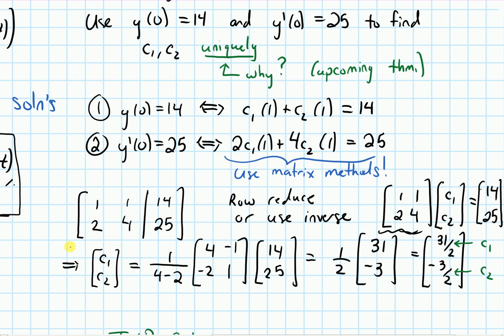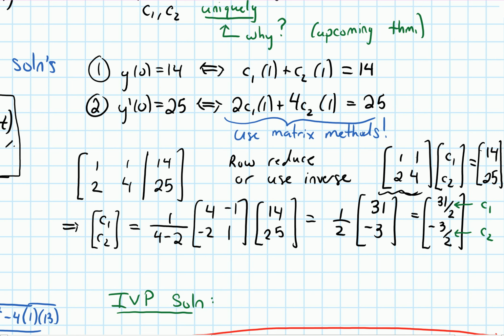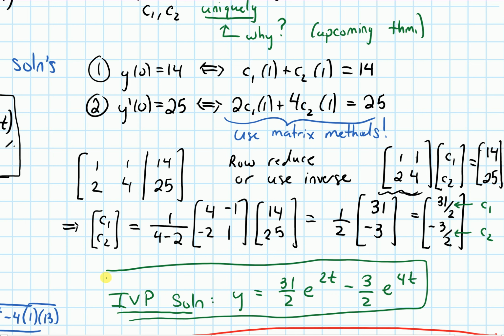So we are ready to write down a solution to our initial value problem. We plug in what c1 and c2 are. So we get y equals 31 halves, which was c1, multiplying e to the 2t, and then c2 is -3 halves, multiplying e to the 4t. And that is our solution right there. If we wanted to call this y_h instead of y to represent the homogeneous solution, that's totally fine.